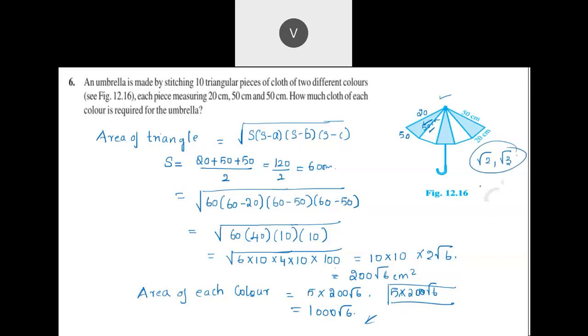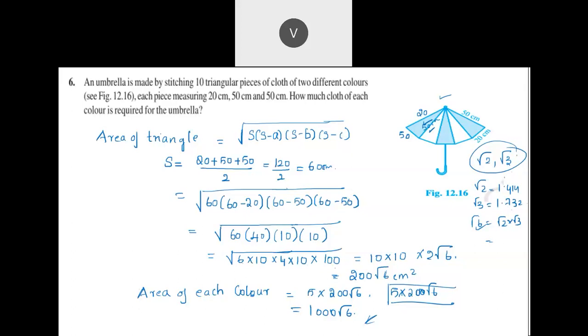You should memorize the values of root 2, root 3, root 5, root 7, root 11. Square root of 2 is 1.414. Square root of 3 is 1.732. So square root of 6 will be equal to square root of 2 into square root of 3. Just multiply these two, you'll get the square root of 6 value.